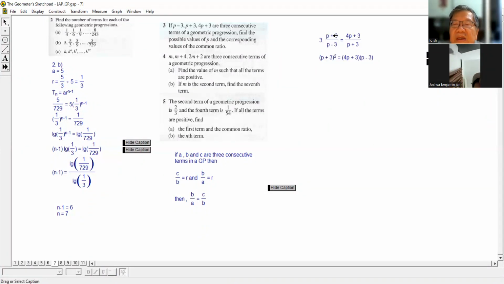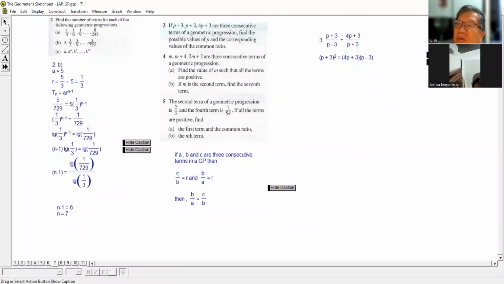So this is C over B equals B over A. Any question? Then you must know how to solve this quadratic equation. This factor at the bottom, you move to the other side, it goes to the top. So you have two similar factors. Okay or not?